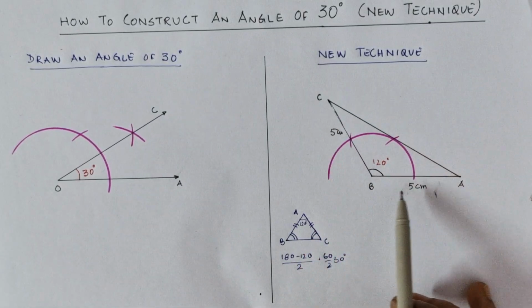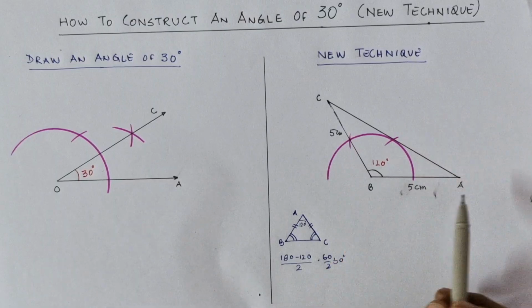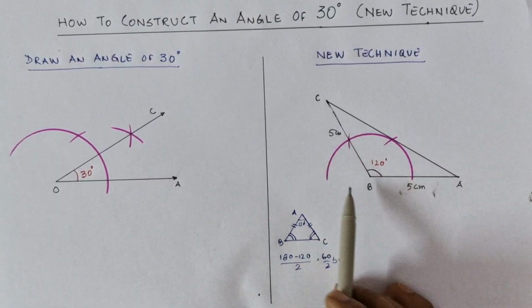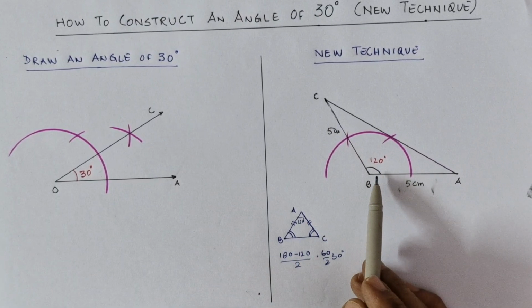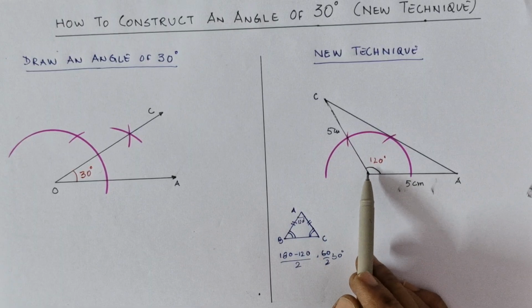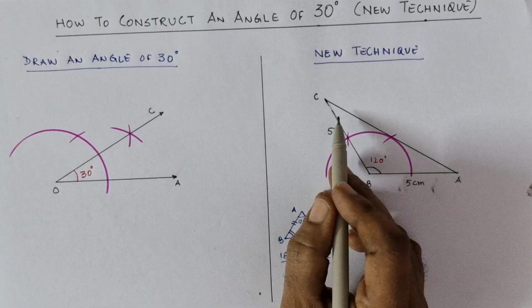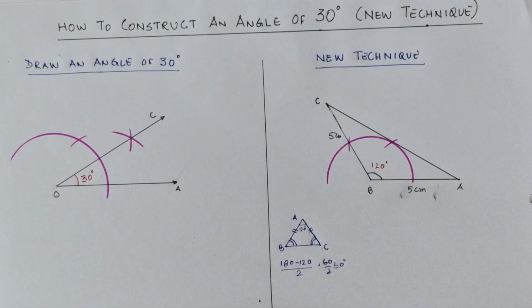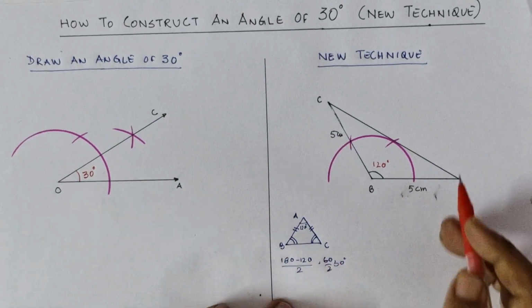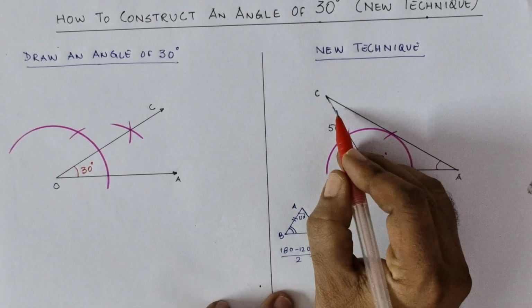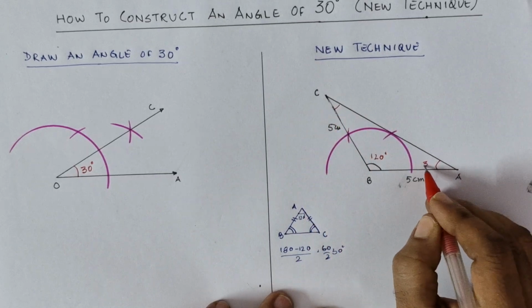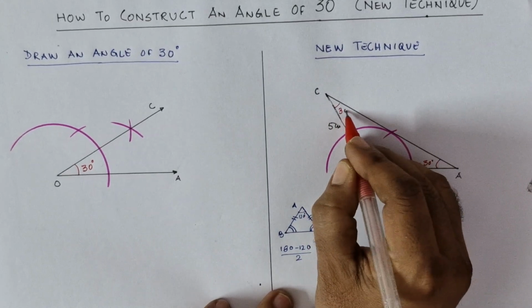So this ABC is an isosceles triangle where two sides are equal, 5 centimeter and 5 centimeter, and this angle at the common vertex B is supposed to be 120 degree. Once this is 120 degree, this angle and this angle will be 30 degree, 30 degree and 30 degree.